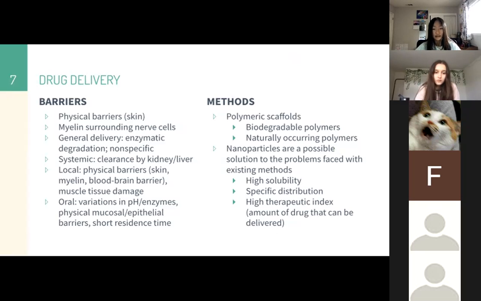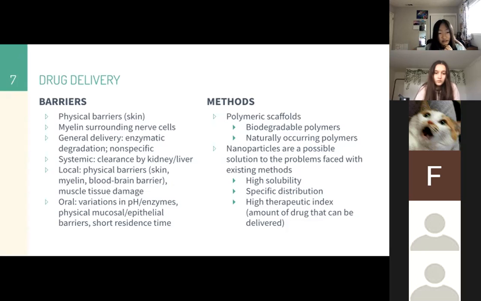So myelin is this sort of coating around nerve cells that allows nerve cells to function faster. And the myelin sheath is basically the coating. And because it's hard for drugs to go past this myelin sheath, it's one of the barriers for your brain as well.